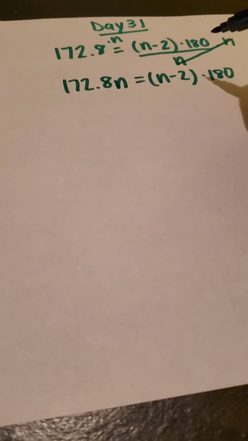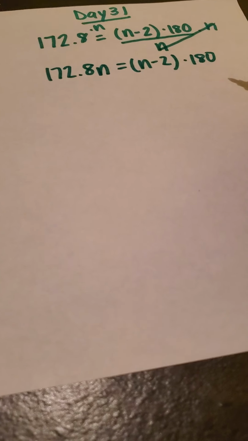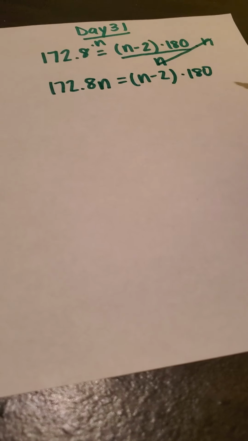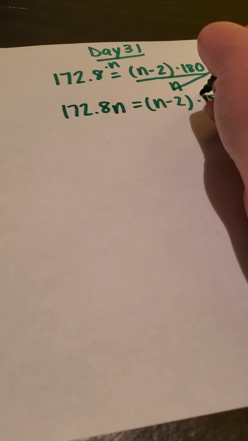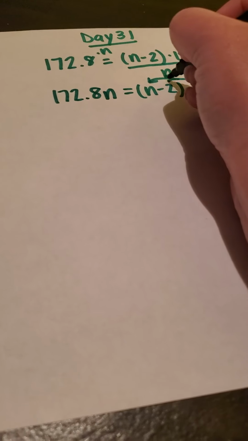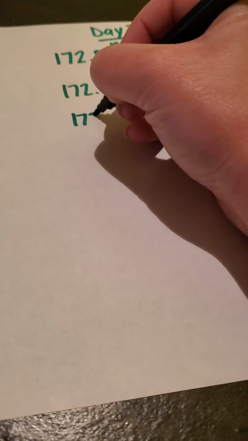This is where it gets a little bit different from day 31, because if I just divide by 180 right now, it's not really going to help me very much. So I actually need to go ahead and distribute my 180 over here. I'm going to bring this down because it's going to stay the same.